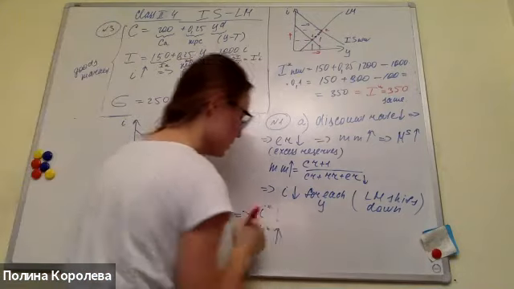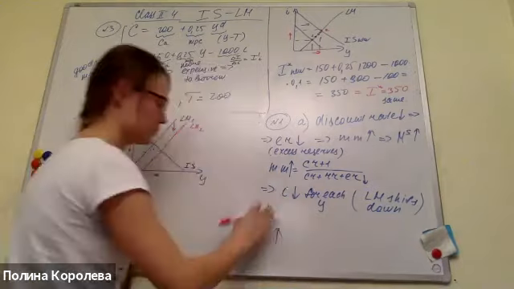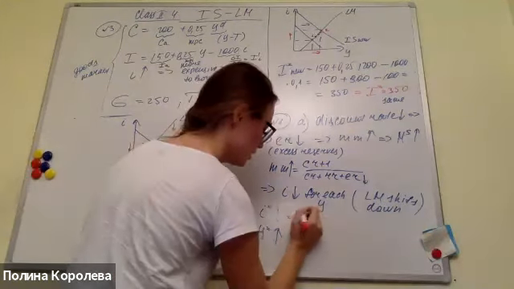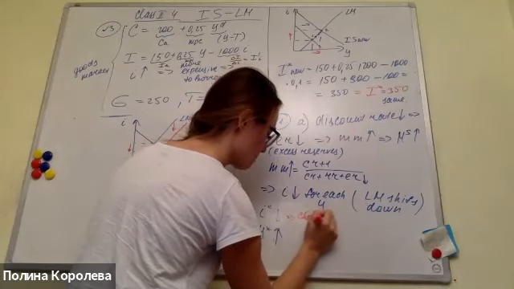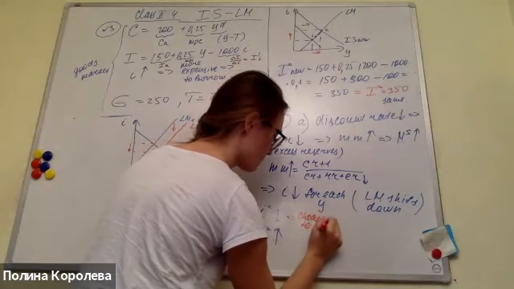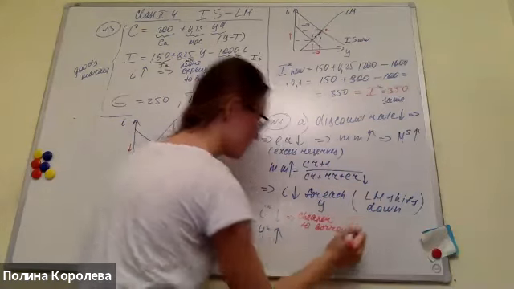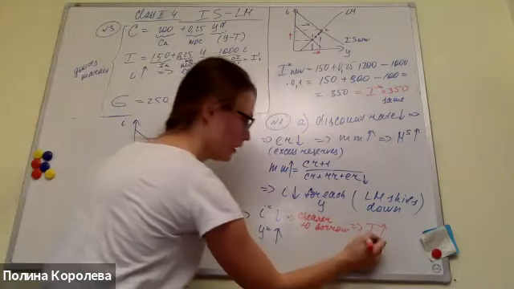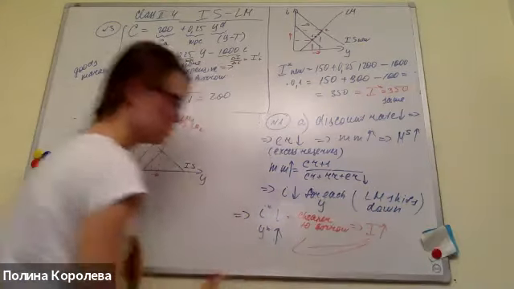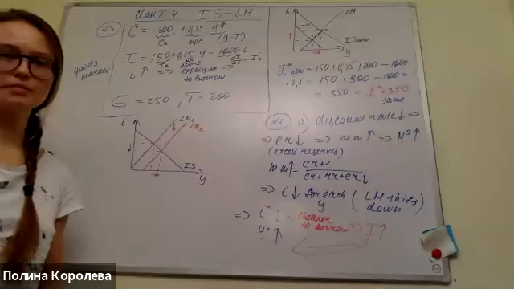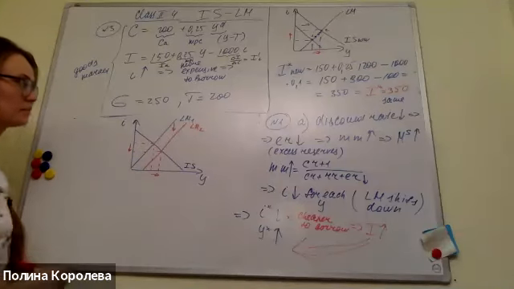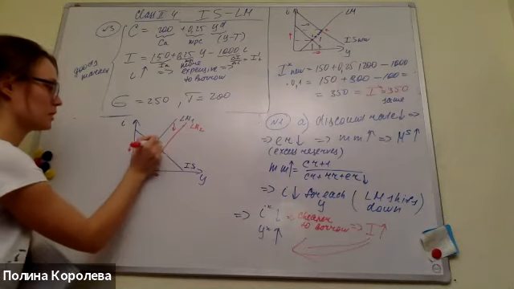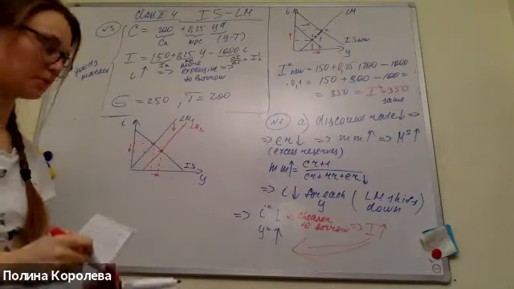Let us explain this. Interest rate is lower. That means it's cheaper to borrow. That means higher investments. And this, in the end, will lead to higher GDP. You see? So this is the consequence of stimulating monetary policy.